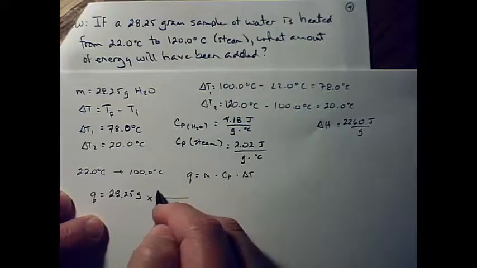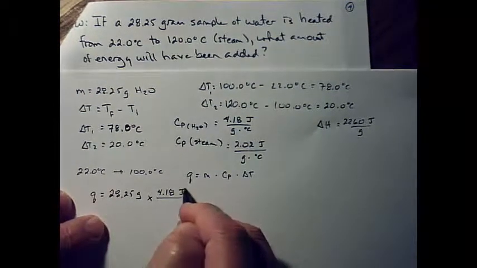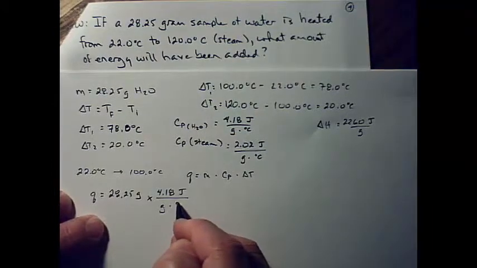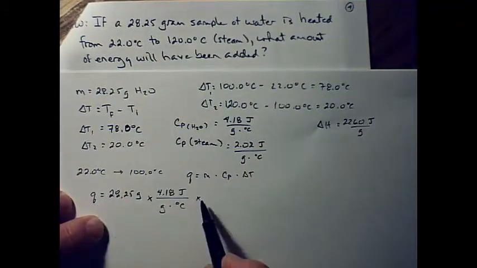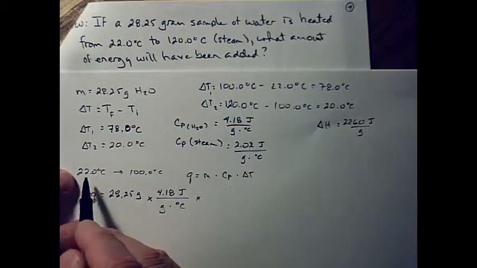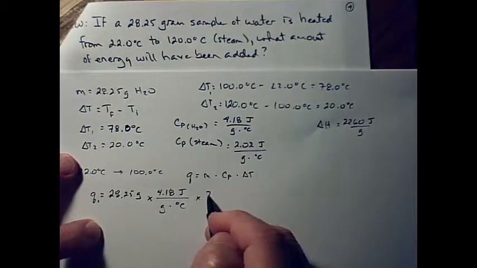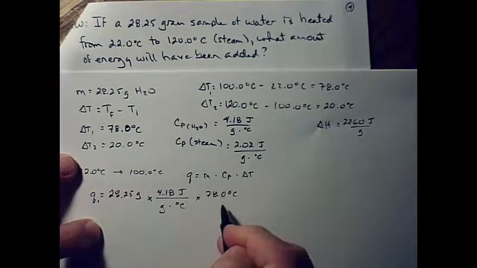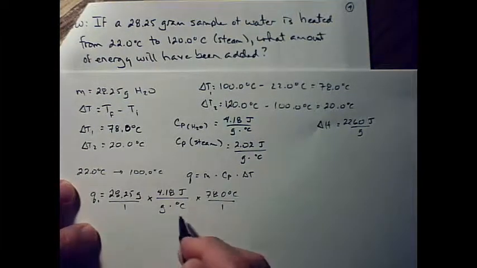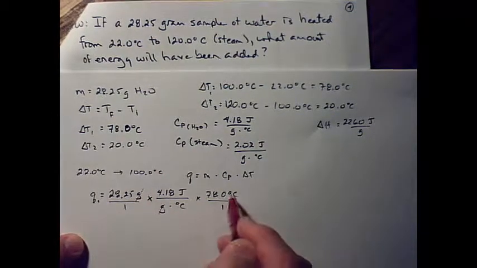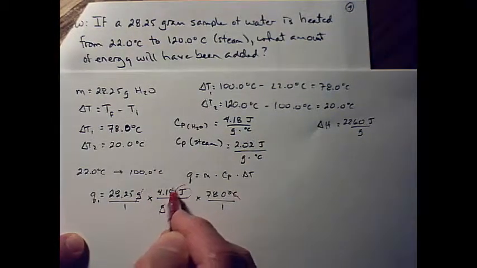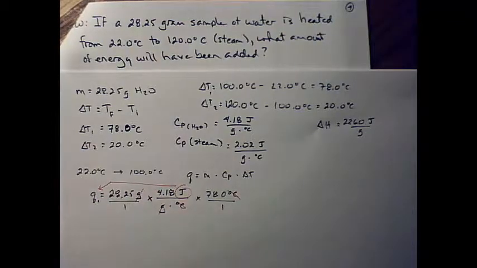The specific heat is 4.18 joules per gram per degree C, and the change in temperature for that first change, okay, this is our first Q, is 78 degrees. Put these 2 things over 1 to match the fact that we've got a fraction here, and we can see that we can cancel grams and degrees C. We're left with joules, and joules measures Q, and that's what we're trying to find, the measurement of the energy.